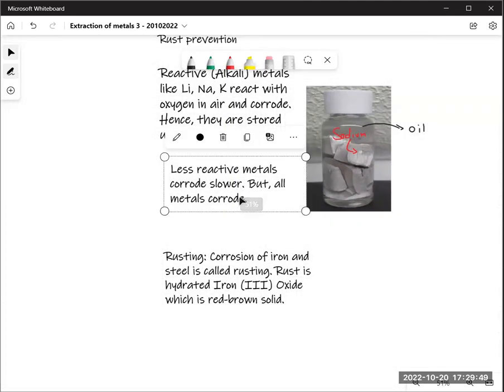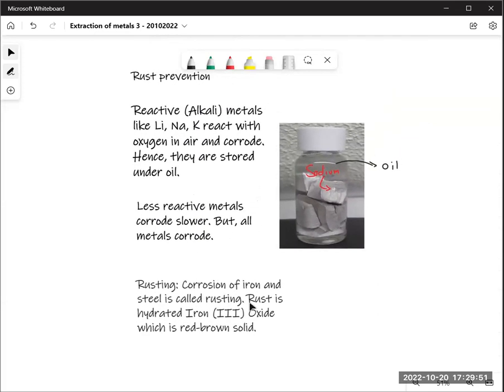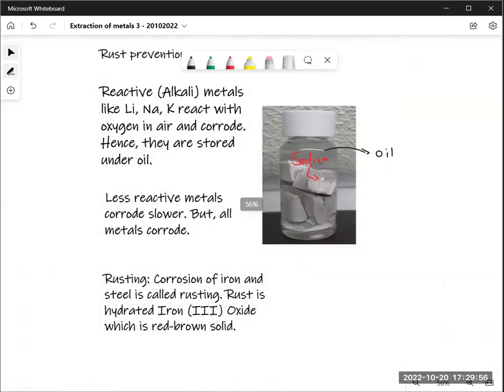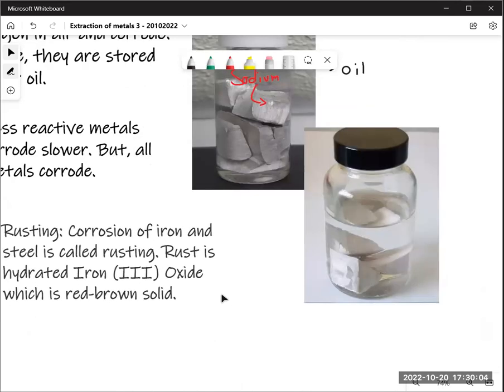Write all of this, tell me when you're done. Any questions? Safa, no, sir. Look, this is also sodium under oil.